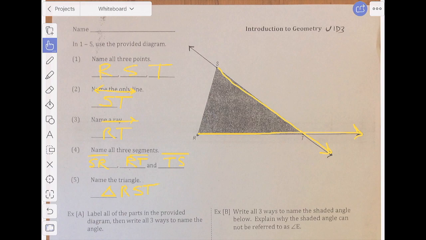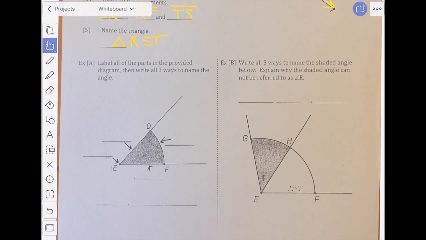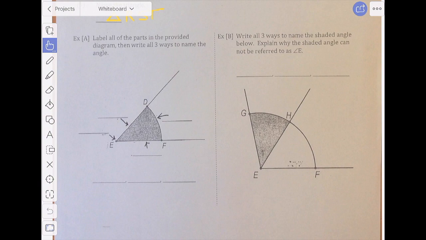And there's a few other practice questions here at the bottom, which I think are very important. It's one of the focuses of today's introduction to you, is so that you're able to label triangles and find triangles in the picture correctly. So important practice to close things off with. And let's take a look at example A. It says label all of the parts provided in the diagram and then write all 3 ways to name the angle.